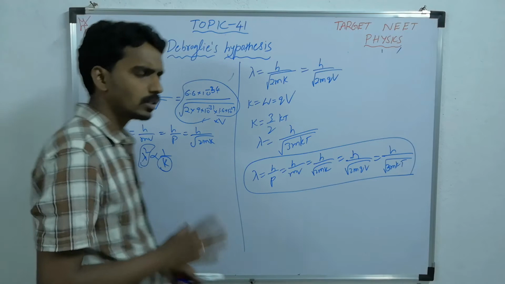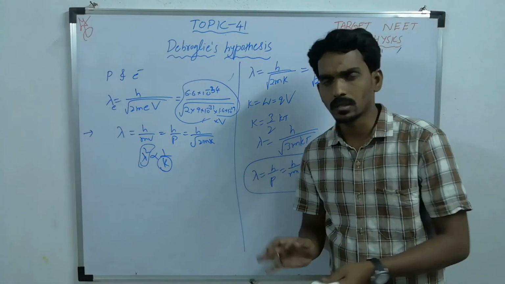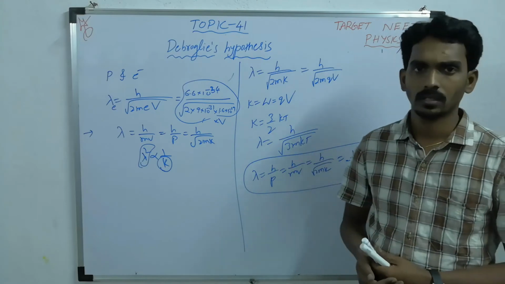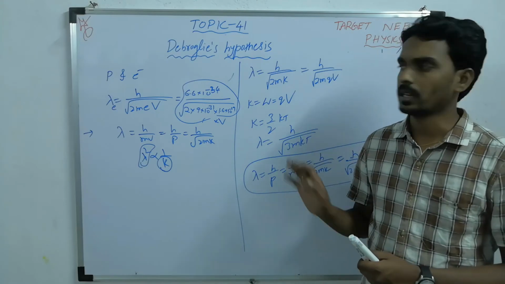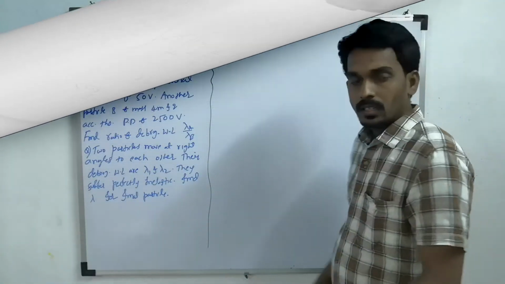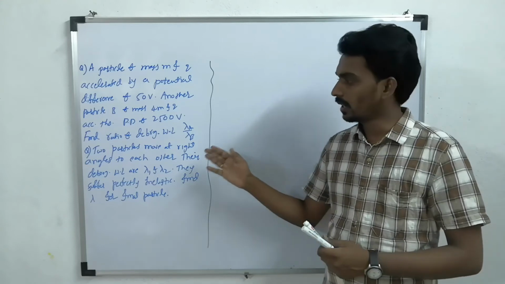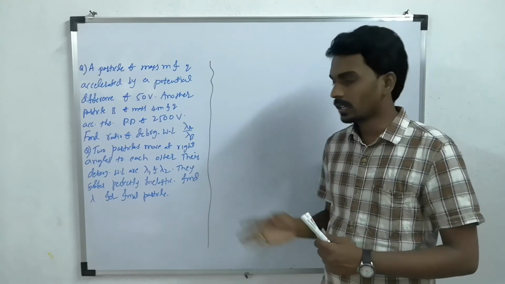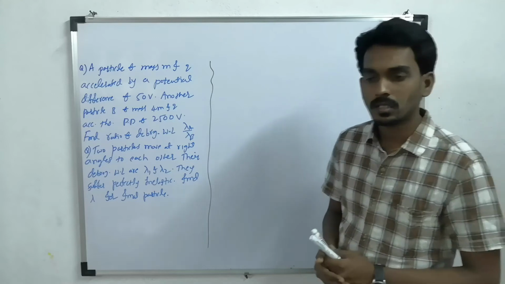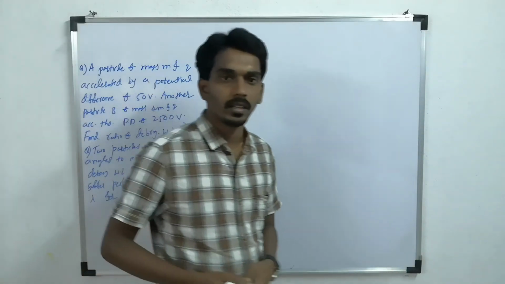It is one simple topic purely based on the formula; you just have to substitute the formula values and you will get everything. Let us discuss a few simple questions and one logical type of question based on the formulas we have taken related to de Broglie wavelength.